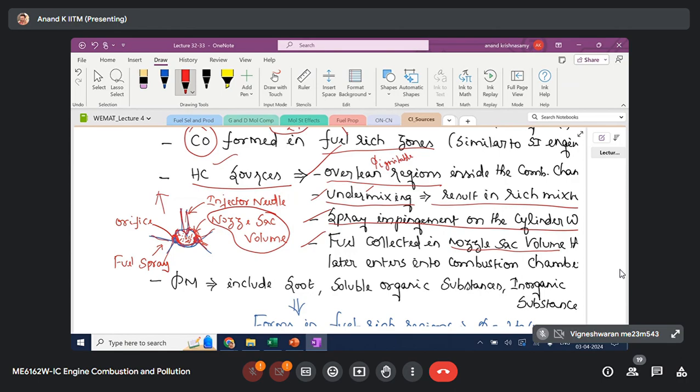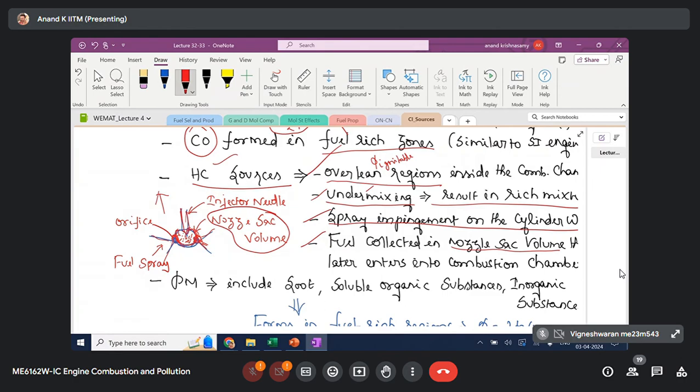Reason number two, around the circumference of the nozzle sac volume, you have these orifices. So you will have n number of orifices depending on the requirement of the total fuel that is to be injected into the engine cylinder. So it may be a 3-hole injector, it may be 5-hole, 7-hole or 9-hole injector. The number of holes depends on several considerations. It depends on the power rating and how much fuel you are going to inject. Okay.